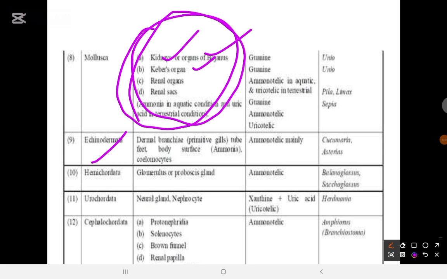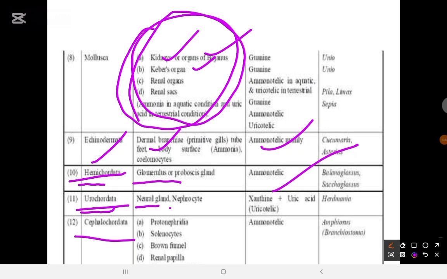Then we have the echinoderms. They use the tube feet and they are ammonotelic. Then we have the hemichordata, urochordata, and cephalochordata. The hemichordata use the glomerulus. They are ammonotelic. The urochordata use neural gland or nephrocyte, and they are also ureotelic. The cephalochordata use protonephridia. Some use Brown's funnel, and they are ammonotelic.